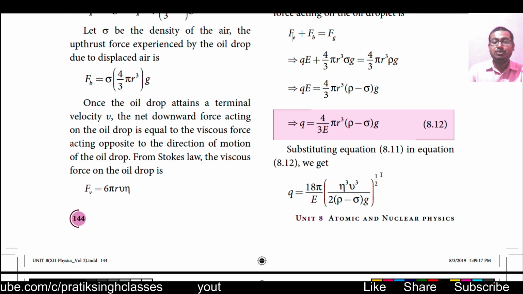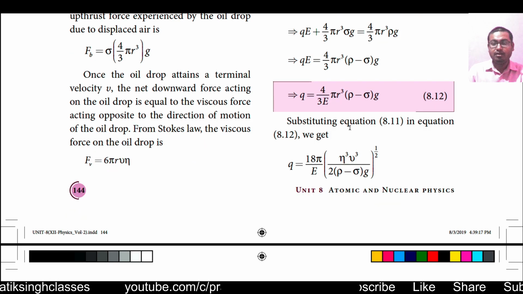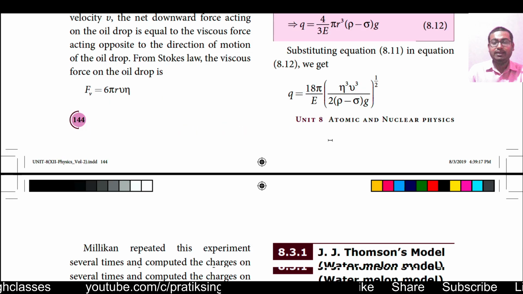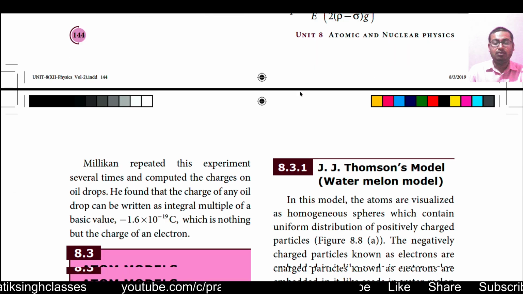Substituting all the values from equation 8.11 in equation 8.12, we will get Q is equal to 18 pi by E into root of eta cubed v cubed by 2 into (rho minus sigma) into g. Substitute all these values, and we will get the value of the charge on an electron.